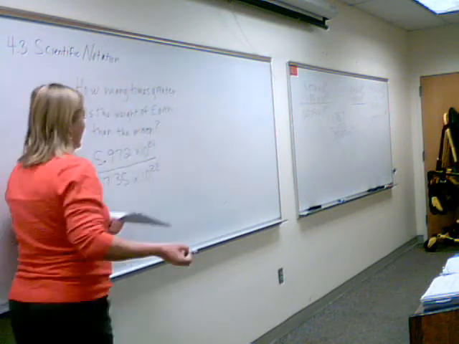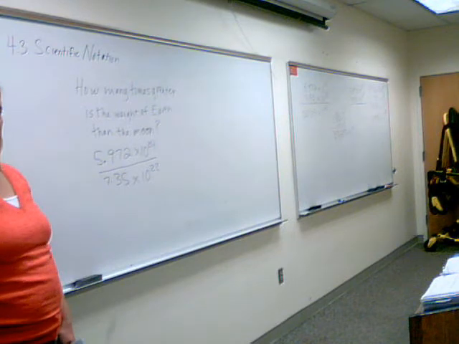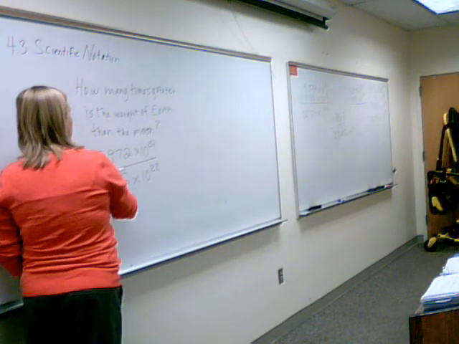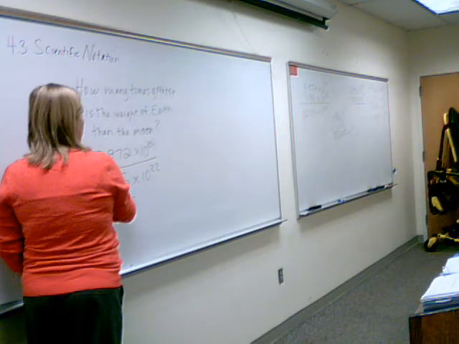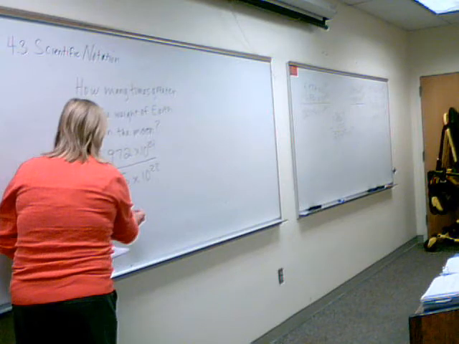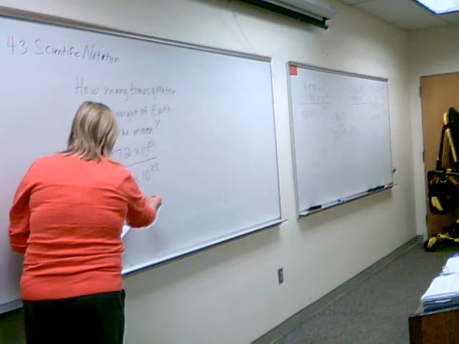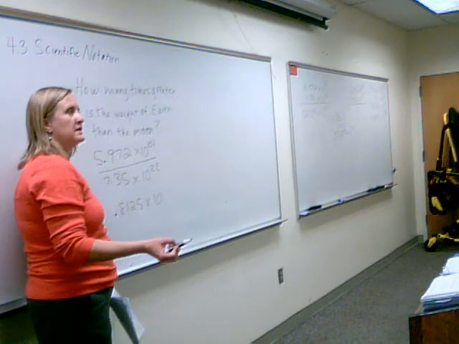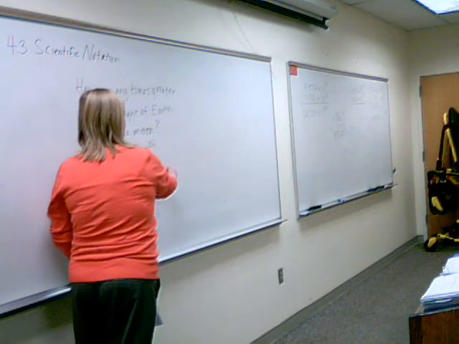Do I have to change any of these exponents to do division? I don't. Good. So all I do here is I divide 5.972 by 7.35 in my calculator. And I get 0.8125 times 10 to the what? Second. Good. It's 24 minus 22.